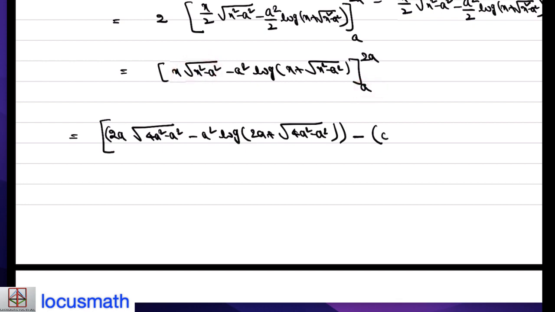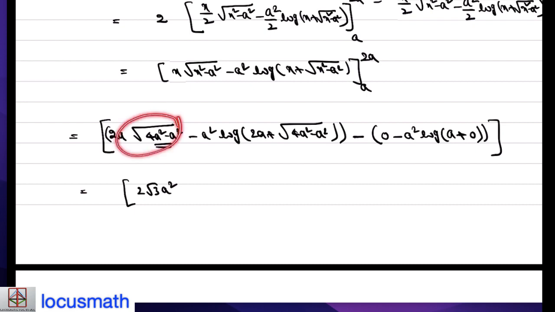So this is 0 minus a square into log of a plus, this one is 0 again. So 4a square minus a square, that is 3a square, that is root 3a. Therefore 2 root 3a square finally. So this term is 2 root 3a square.